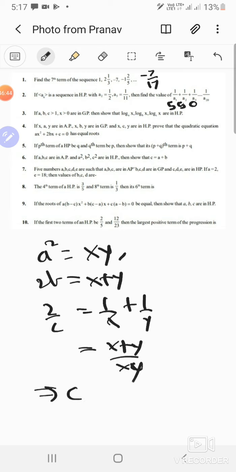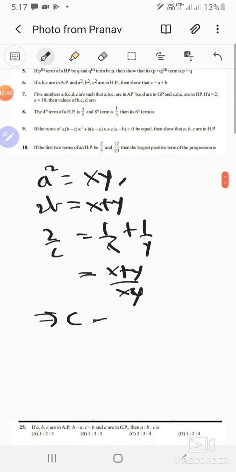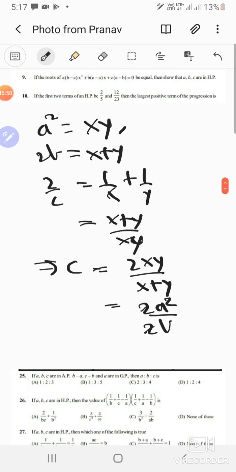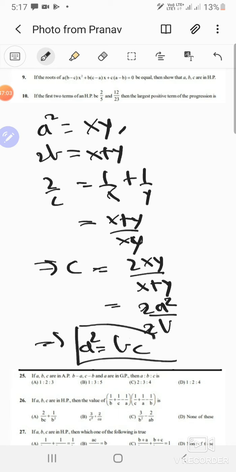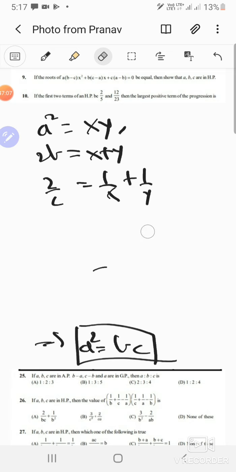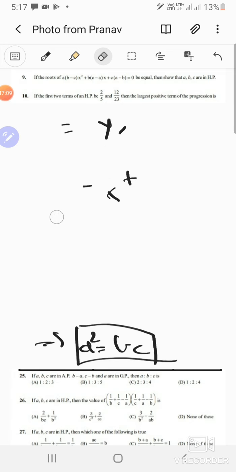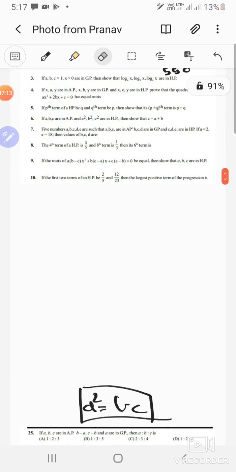So c is equal to 2xy upon x plus y, but xy is going to be a squared, so 2a squared upon x plus y is 2b. That means that a squared is equal to bc. Okay, that's cool.